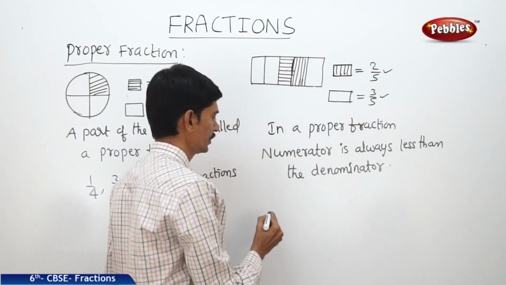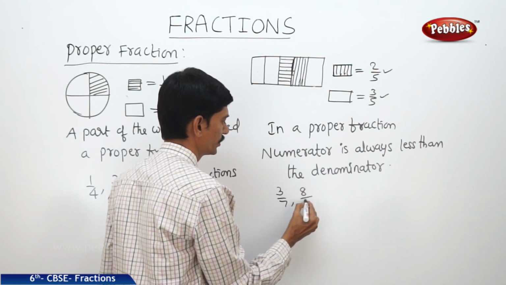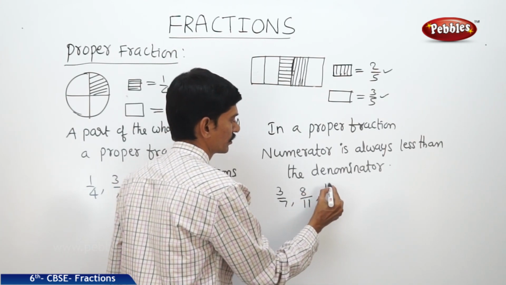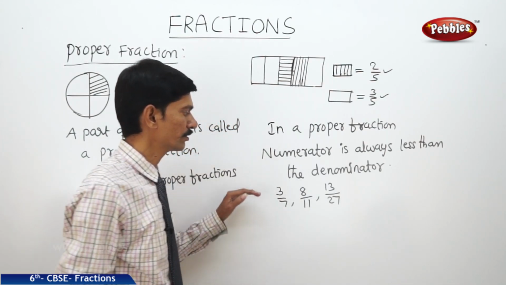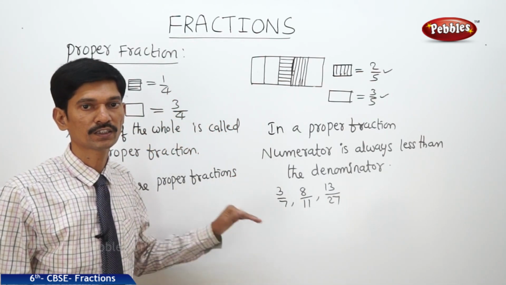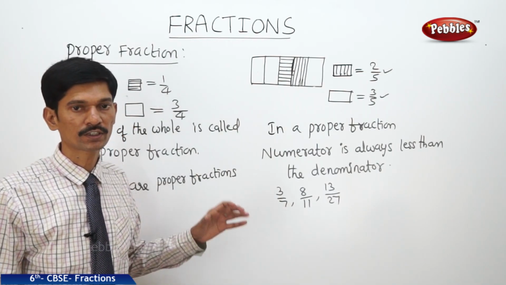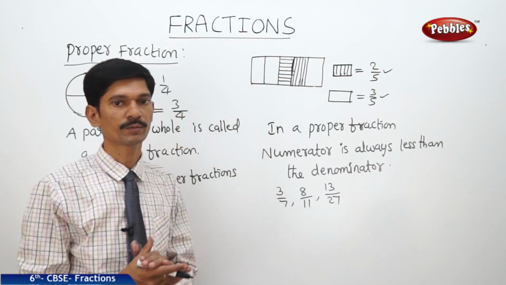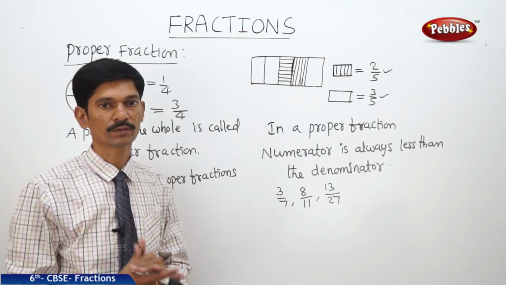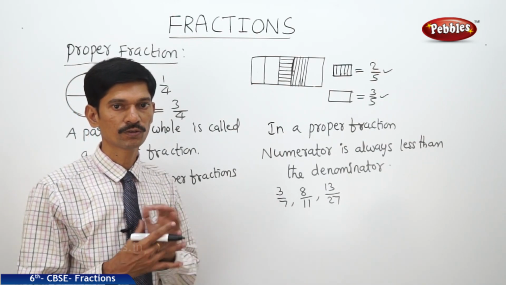If you write 3 by 7, 8 by 11, 13 by 27, the fractions in which the numerator is less than the denominator are said to be proper fractions. Whatever fractions we take, if the numerator is less than the denominator, it is a proper fraction. So every proper fraction is a part of the whole thing.